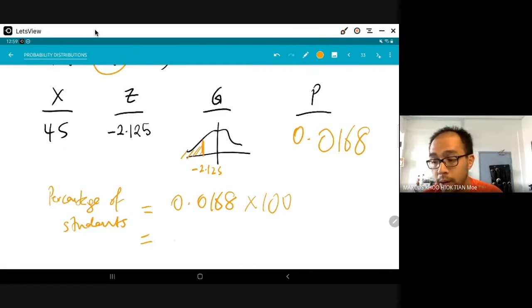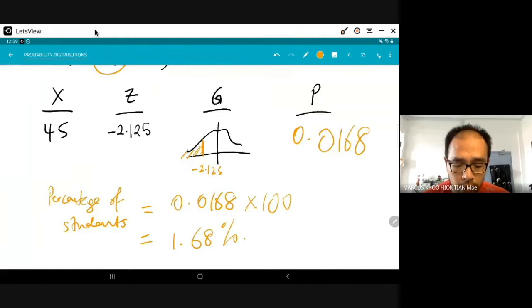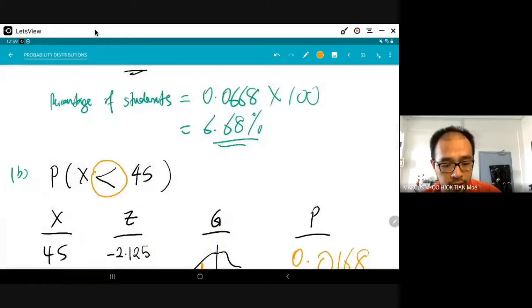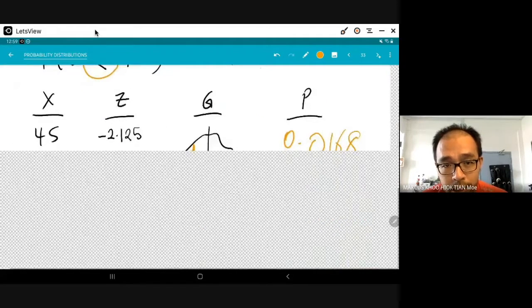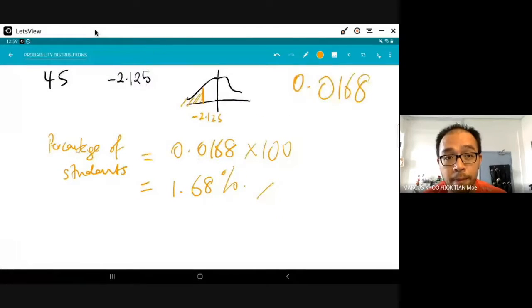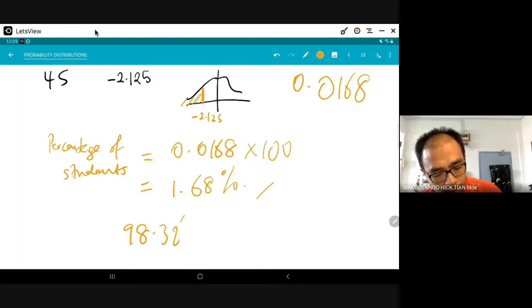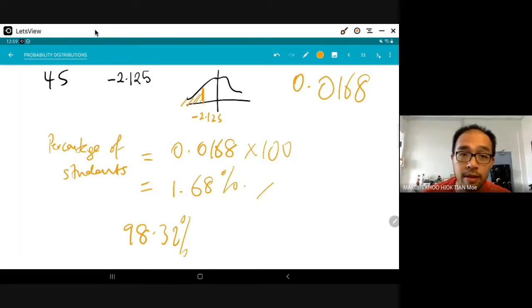So you get 1.68%. And that's quite good, right? 1.68% of students that fail. And those that got A, 6.68% of students. If 1.68% of students fail, how many percent of students pass? Just subtract from 100. 100 minus 1.68, 98.32 percent of students pass the maths paper.